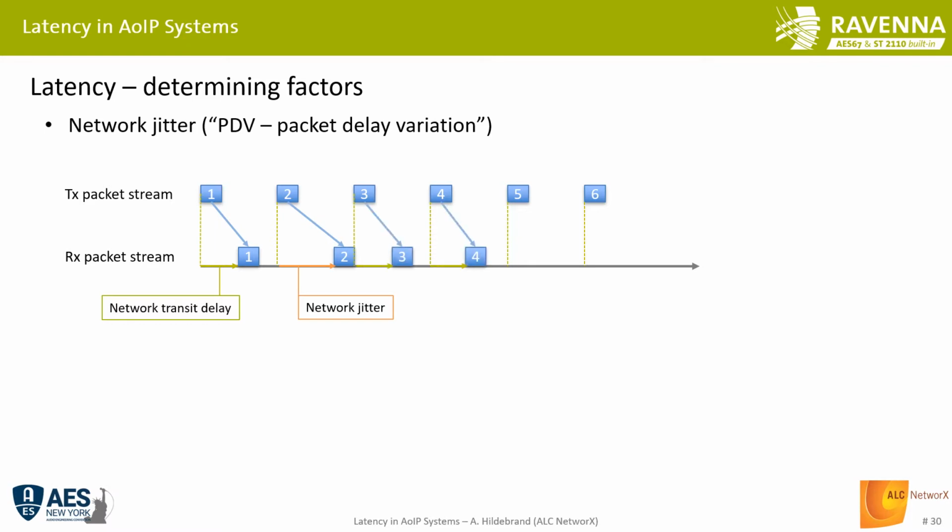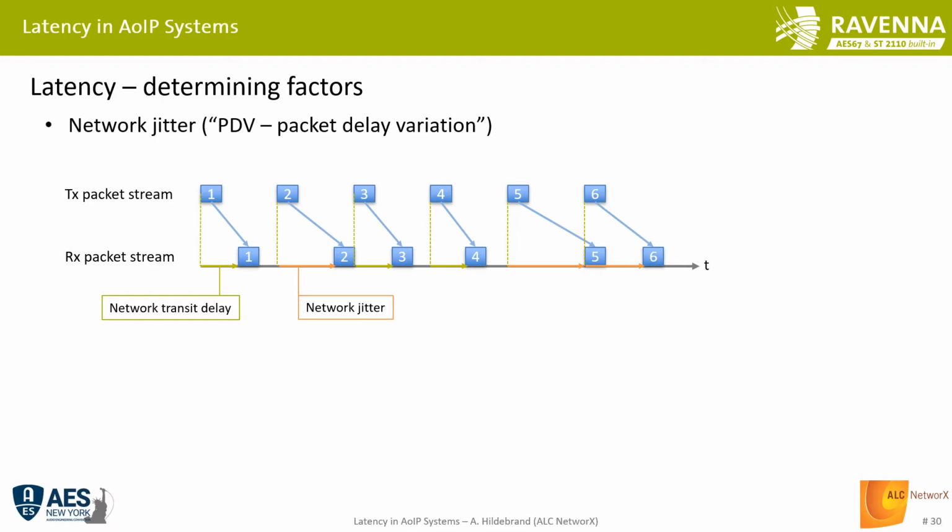And that is because packets receive non-constant forwarding throughout the network, and as you can see, that network jitter makes it not isochronous from the receiver's point of view. So we have to cope with this. Network jitter, packet delay variation, needs to be taken into account.